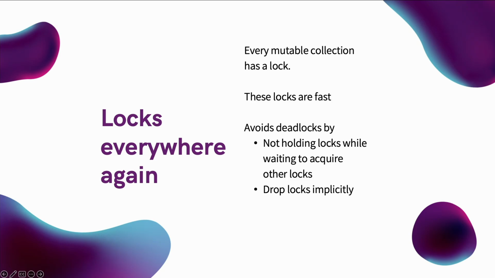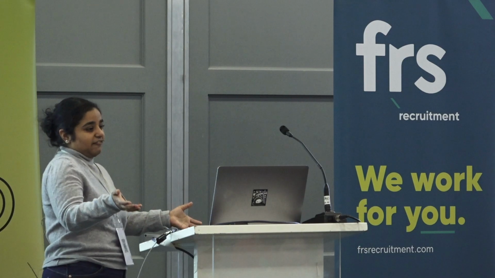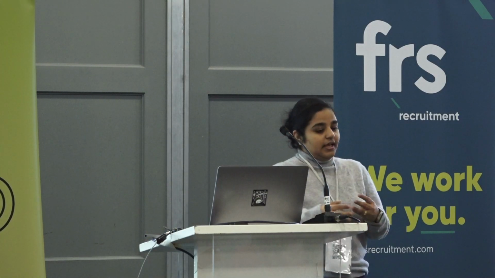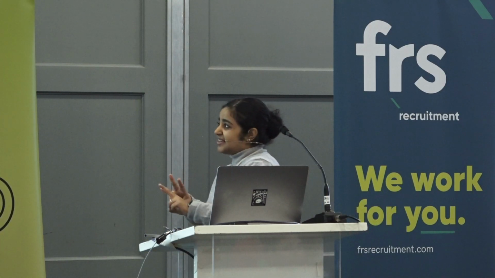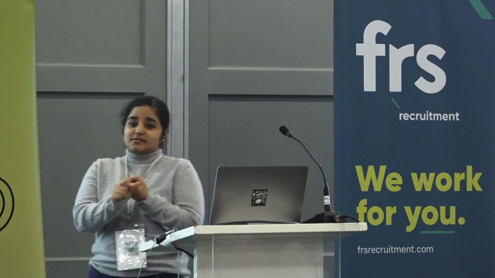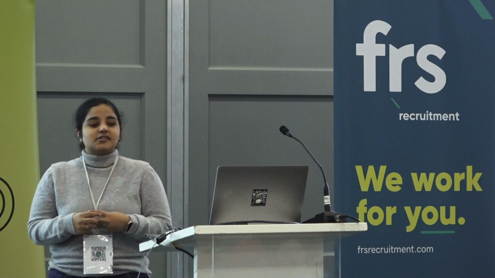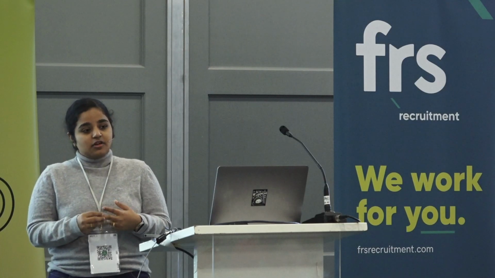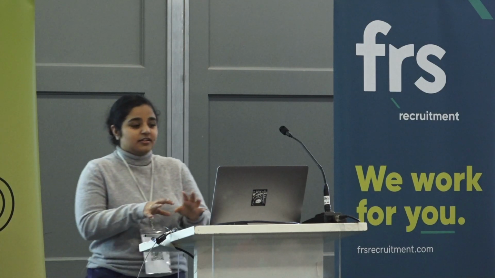You also have the case when you have lots of locks, you have deadlocks, and it avoids it using 2 methods. The first one is really smart. Let's say you're waiting for 2 locks, and you get the first lock, and you're waiting for the second lock. You don't hold the first lock until you get the second lock too.